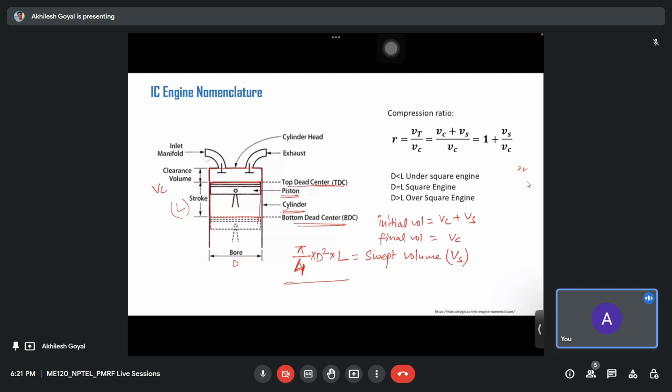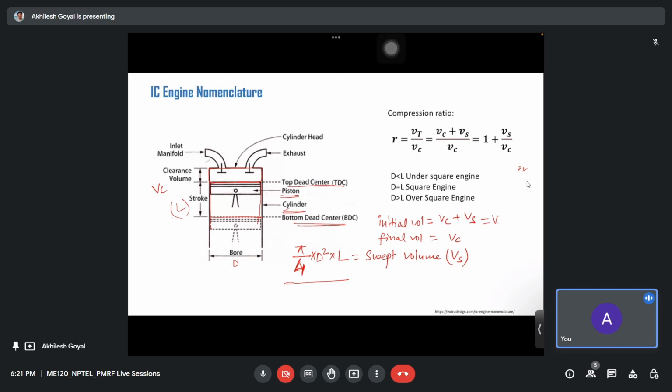Okay. So the compression ratio is defined as the ratio of the initial volume to the final volume. That is the total volume VT, the sum of clearance volume and swept volume, divided by the final volume, that is VC, clearance volume.